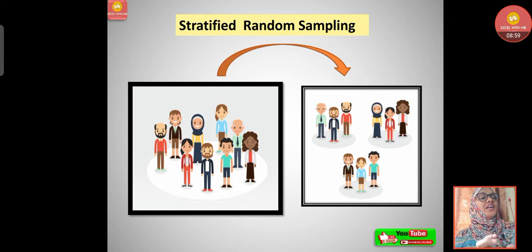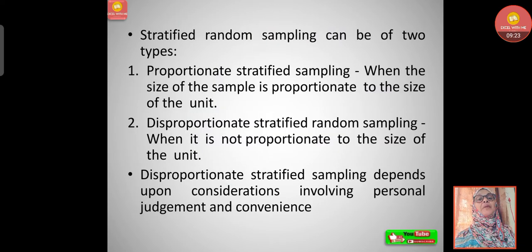I have divided into units, that is strata. I made some strata, so this is called strata. From among them I can choose how many men I want, how many women I want, how many children I want. Maybe from the children also, boys and girls, those units can be divided. I can take that as stratified random sampling.